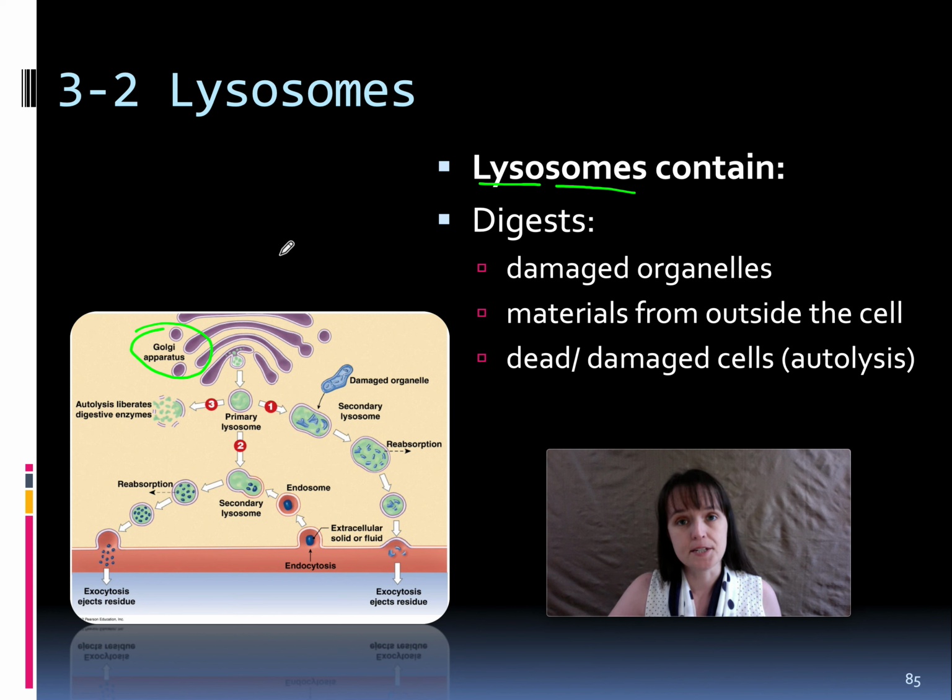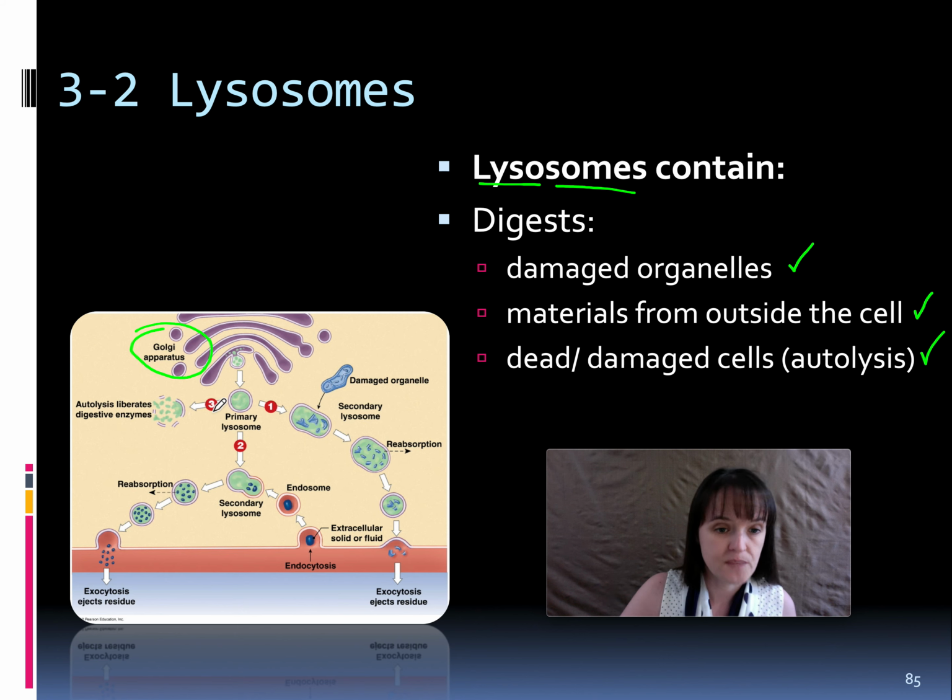Powerful digestive enzymes. So enzymes are proteins, and it contains powerful digestive enzymes. Explain lysosome function. We've got 3 functions. It digests damaged organelles. It digests materials from outside the cell, and it digests the cell it's in when it dies. So here you have picture form.